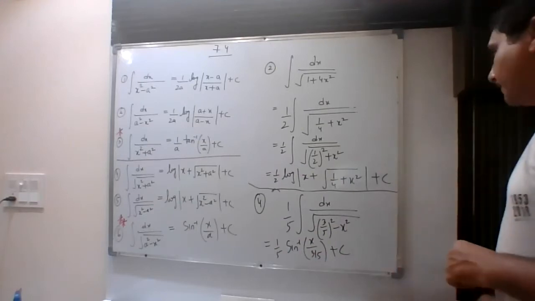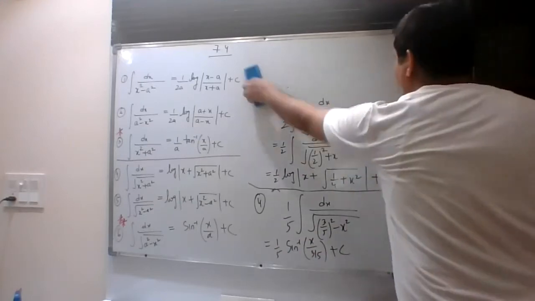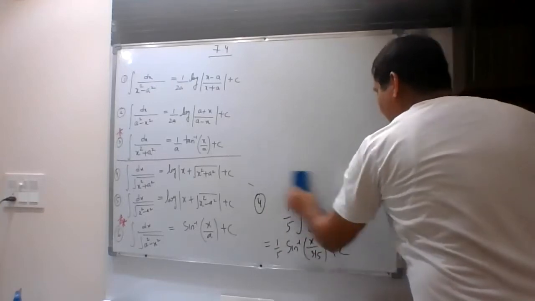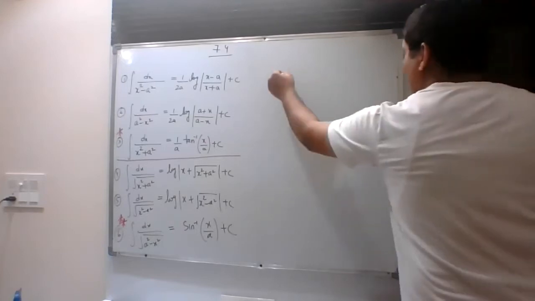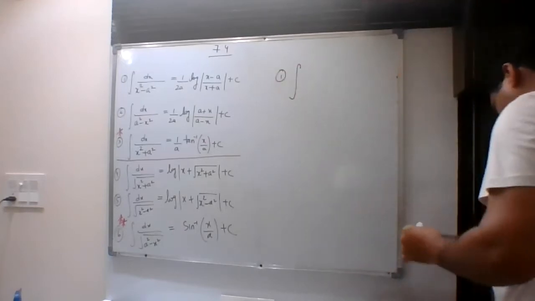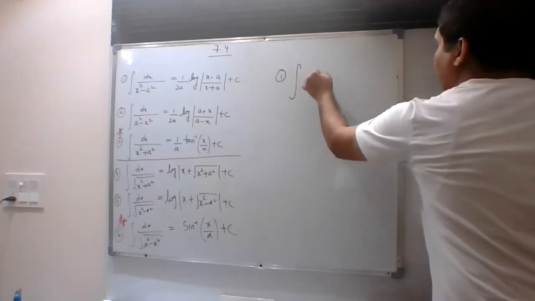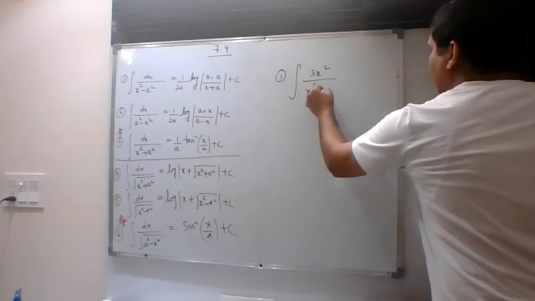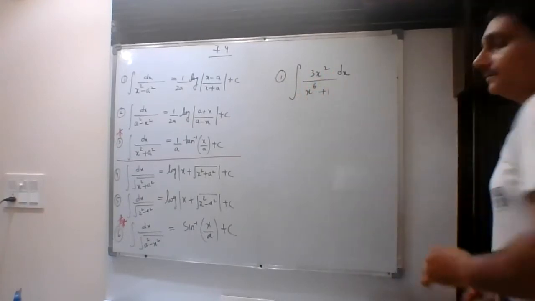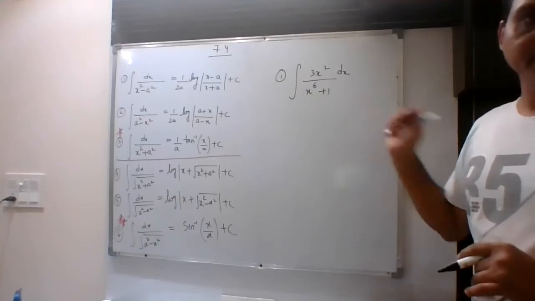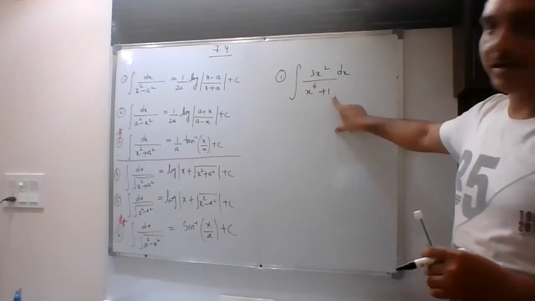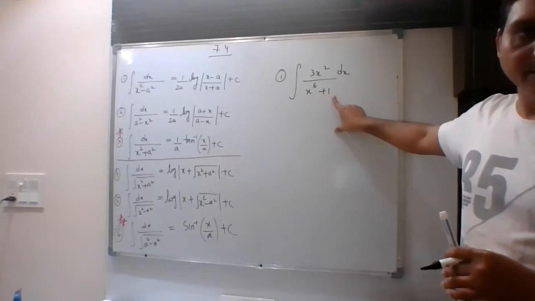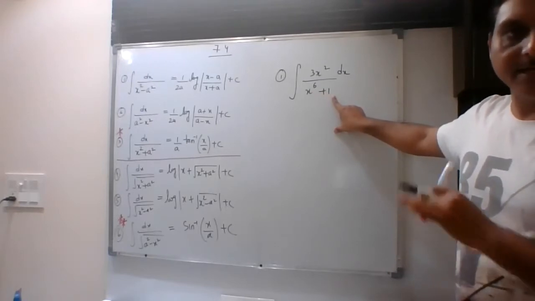Let us proceed further. Write down question number 1 from that 7.4 exercise. In question number 1, we had written integrate 3x square upon x to the power 6 plus 1 dx. Now, in order to integrate this expression, suppose you put x to the power 6 plus 1 as t, then your derivative will be 6x to the power 5 dx equal to dt.